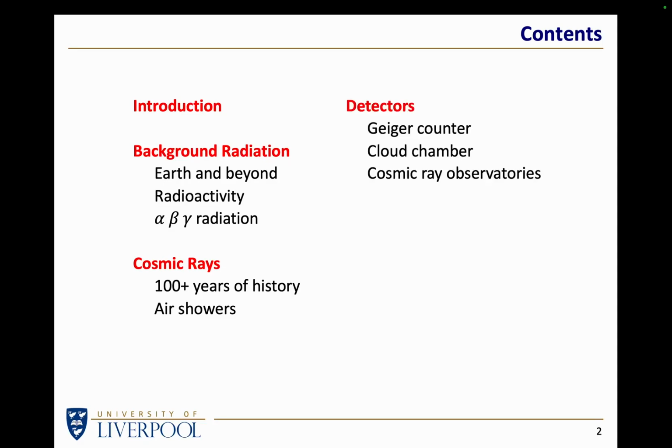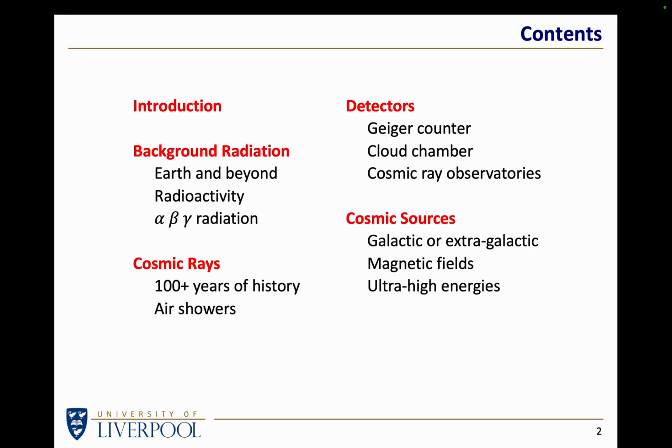Then I'll be having a quick look at how we can detect cosmic rays. One way is using a cloud chamber. And then I'll be finishing by asking, well, where do they come from? In other words, we're working backwards. We're looking at them, thinking about what's actually happening, and then asking, well, where do they come from in the first place? And then I'll summarize right at the end.